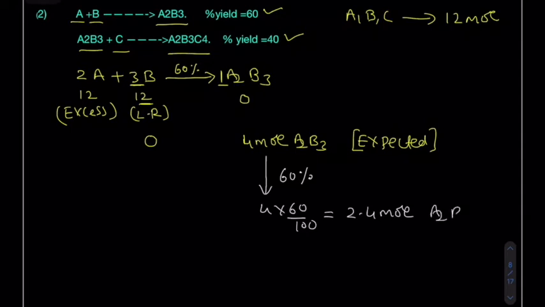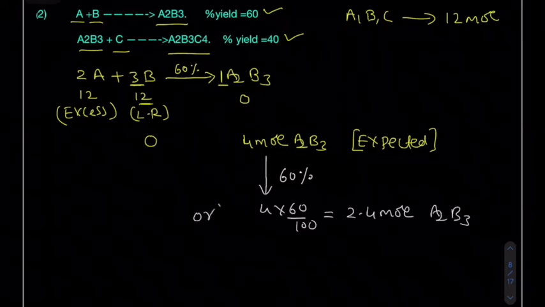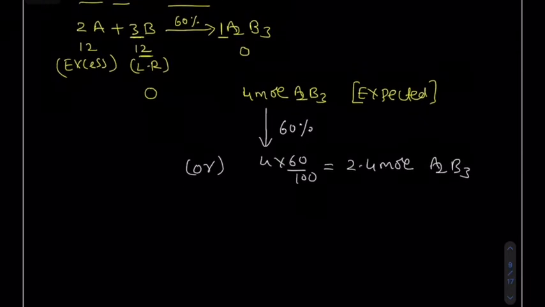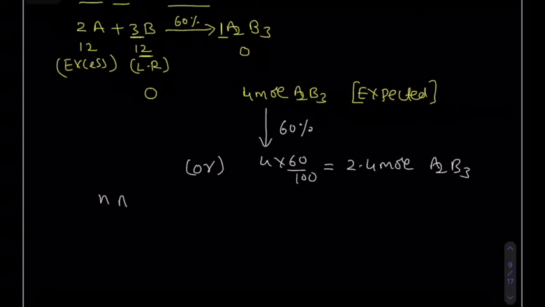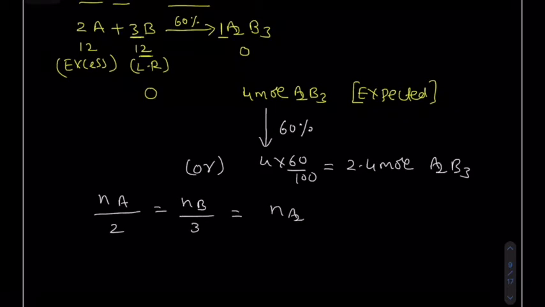This is very important. Otherwise, you can calculate like this. Number of moles of A, stoichiometry 2. Number of moles of B, stoichiometry 3. Number of moles of A2B3, stoichiometry 1, if the percentage yield is 100%. But the percentage yield is what? 60%. Which is the limiting reagent? B. B is the LR, limiting reagent.